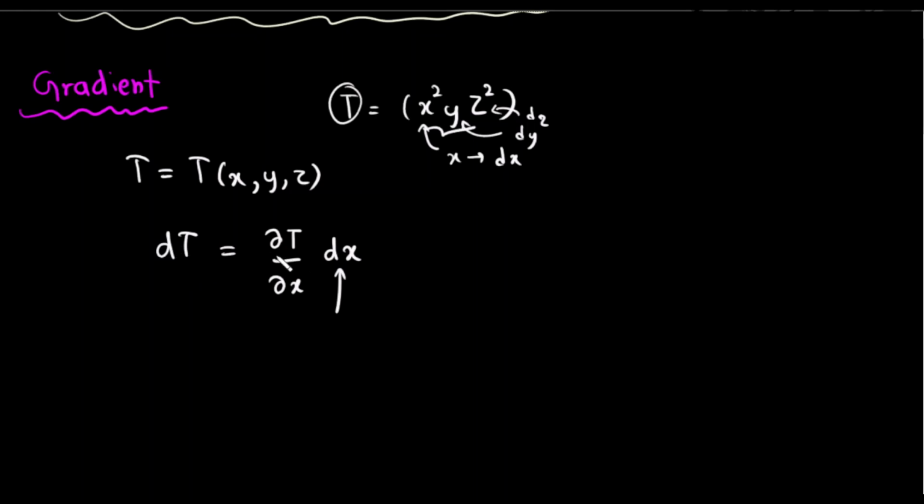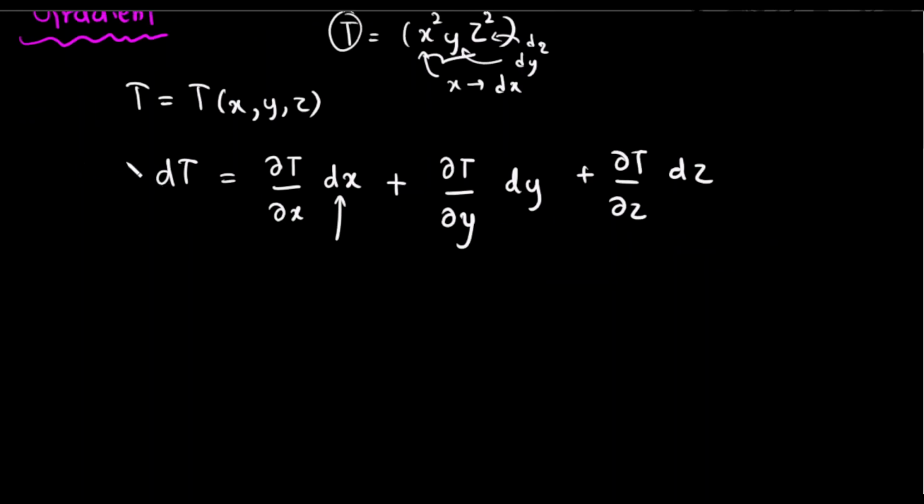So dt can be written as the partial derivative of t with respect to x times dx, the infinitesimal change of x variable, plus the partial derivative of t with respect to y times dy, plus the partial derivative of t with respect to z times dz. This comes from differential calculus, so from that knowledge you can write it this way.